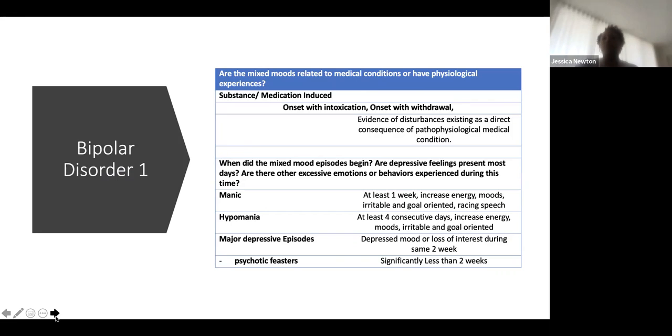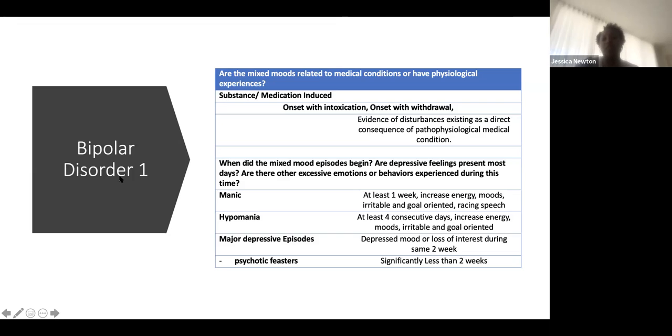Are these mixed moods an onset with intoxication, or with withdrawal? Next, when did the mixed moods begin? So we really want to get back to that duration. When was the onset, and how many days is this occurring?